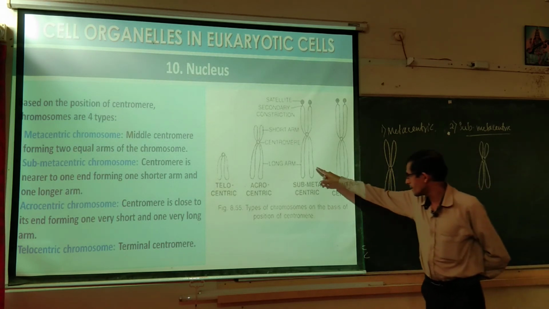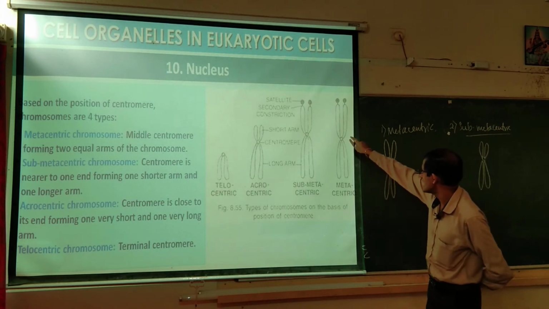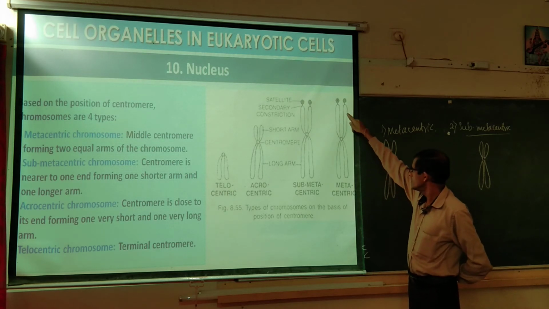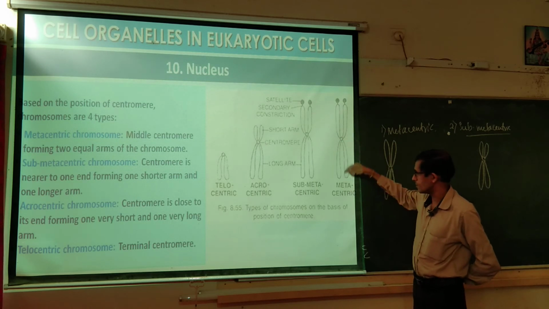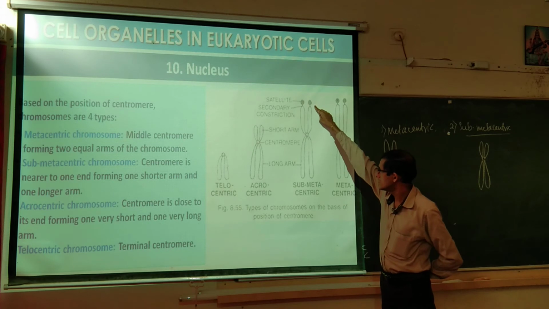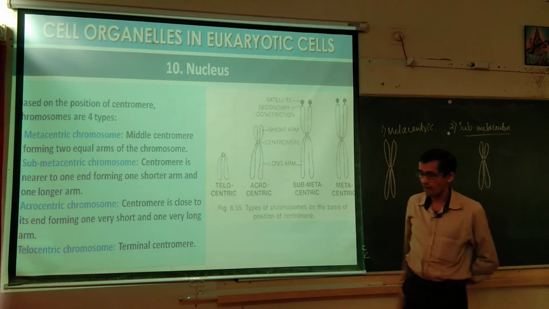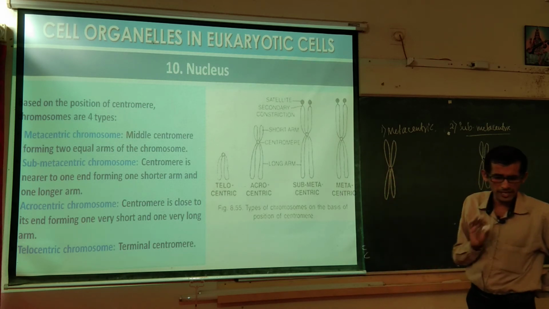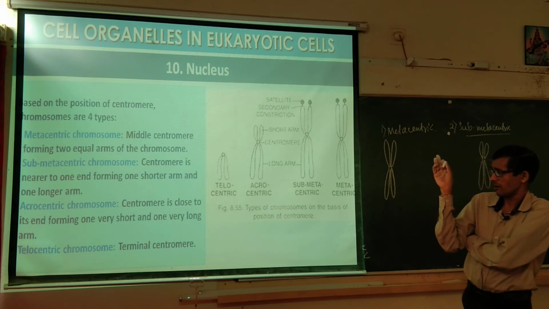In metacentric, this length and this length are equal; meta means middle, and the centromere is in the exact middle of the chromosome. Here we can observe one shorter arm and one longer arm. Of course, they form secondary constrictions, etc. That is a bit detailed, we don't need that much.